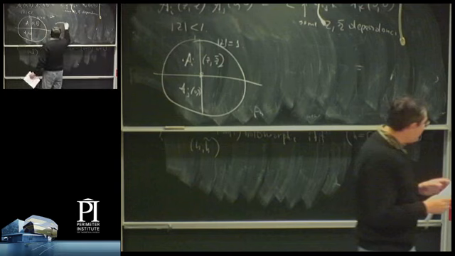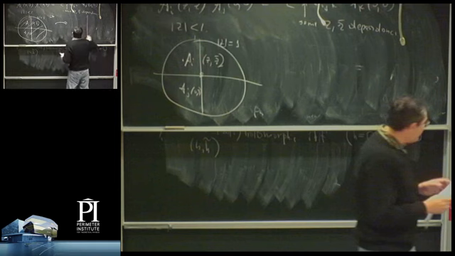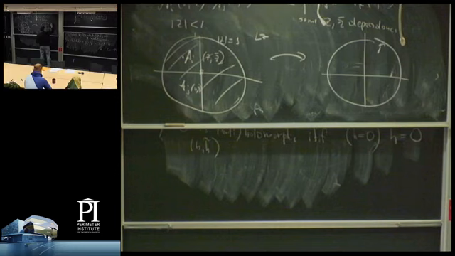So if I choose to integrate over the interior of this disk, then on the boundary I get a Schrodinger wave function.